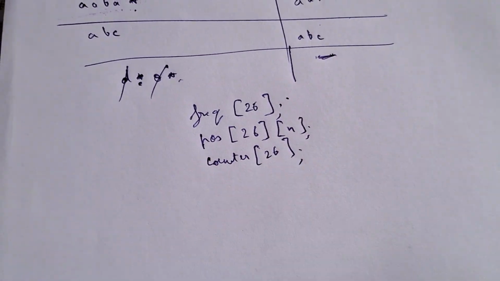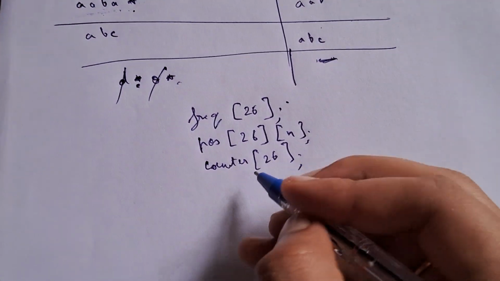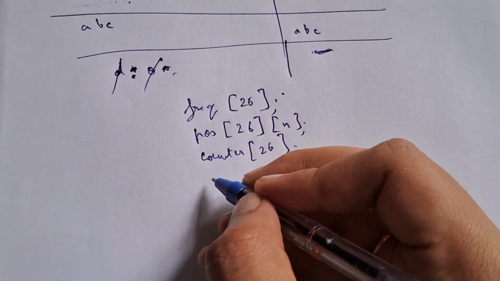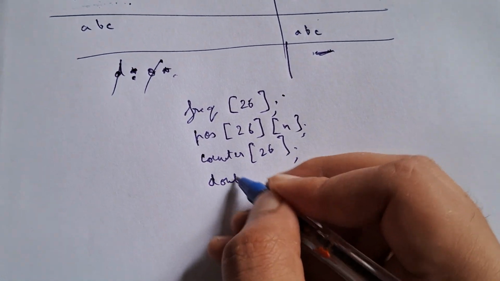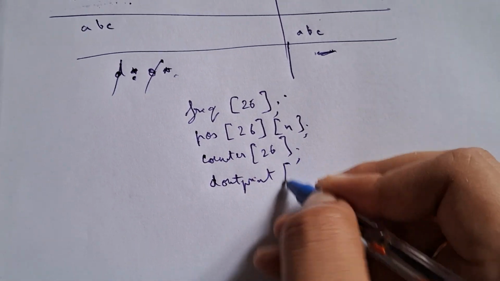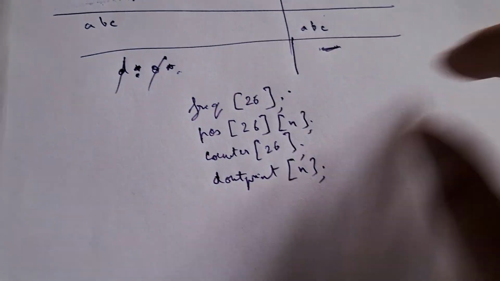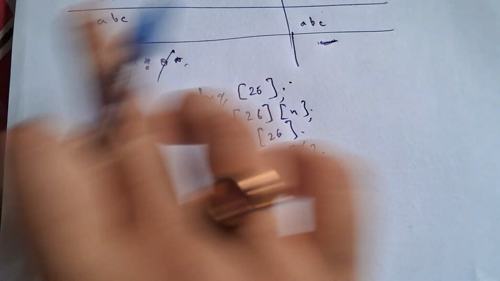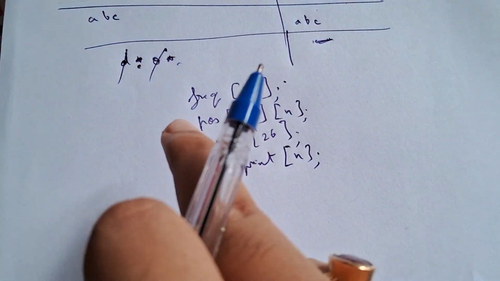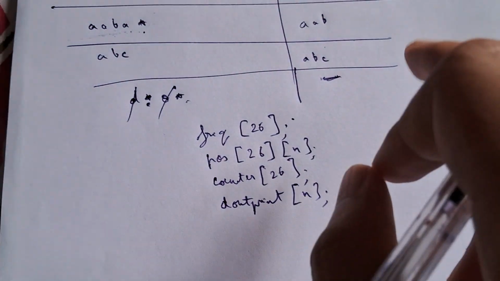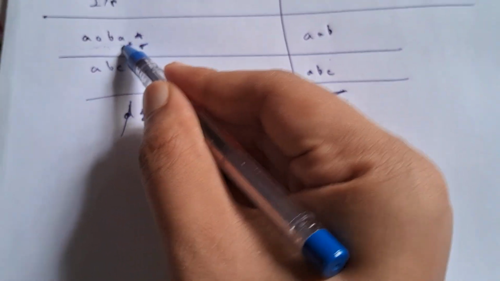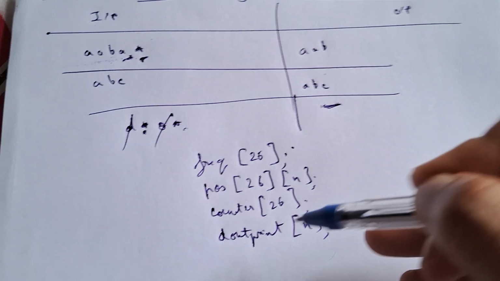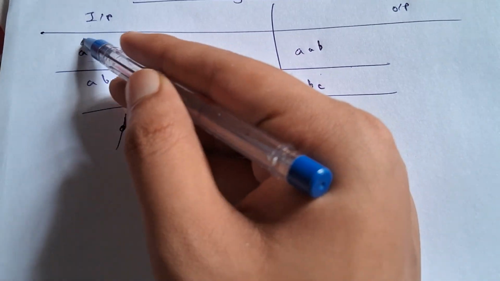After we are done with this, you can make another array, the don't print array, which will be of size n. Once you're traversing through the array, whenever you reach a position which won't be there in the answer, for example over here, this star and A won't be there in the answer, in that case the don't print array values will be 1, and the remaining values will be 0.